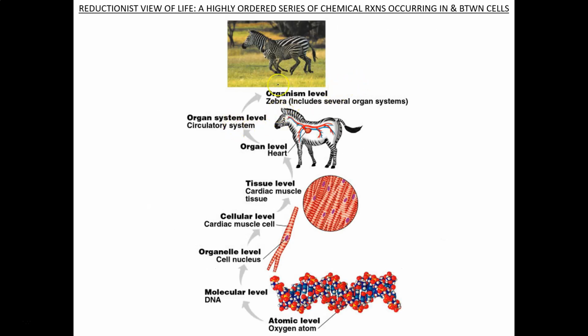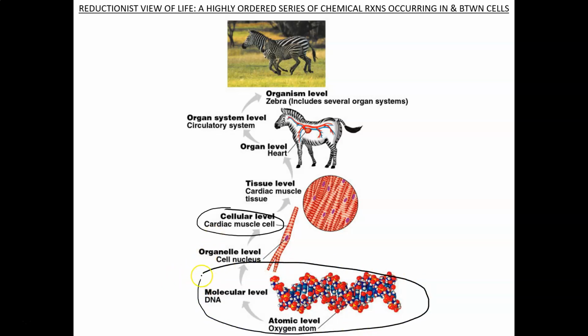So again, following this kind of reductionist view of life and looking at the cell as the basic unit of structure and function, looking at cell functioning has a lot to do down here with what's going on at the molecular level. So when we talk about the macromolecules, they point out specifically the molecule of DNA.